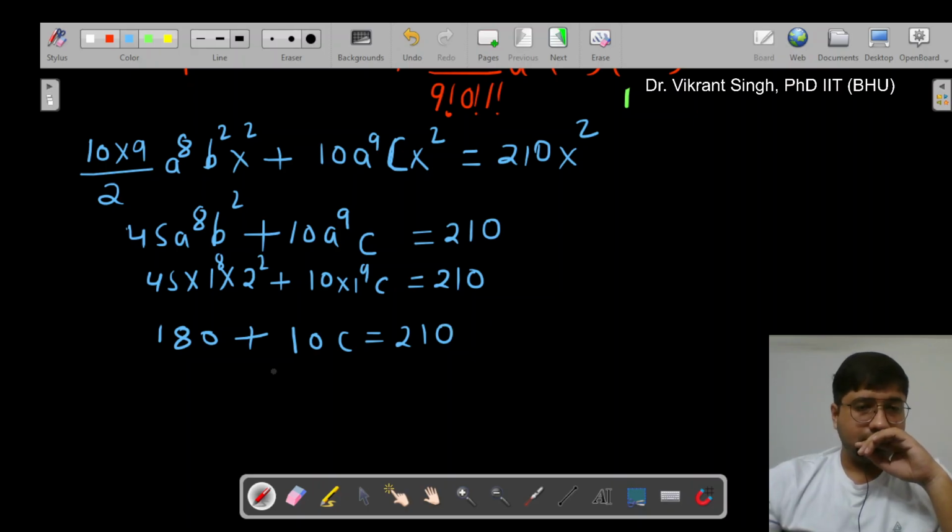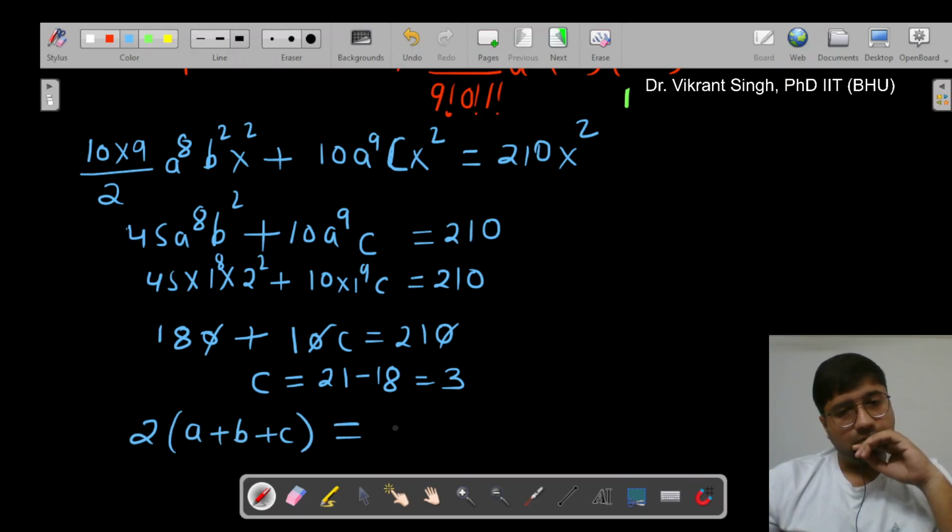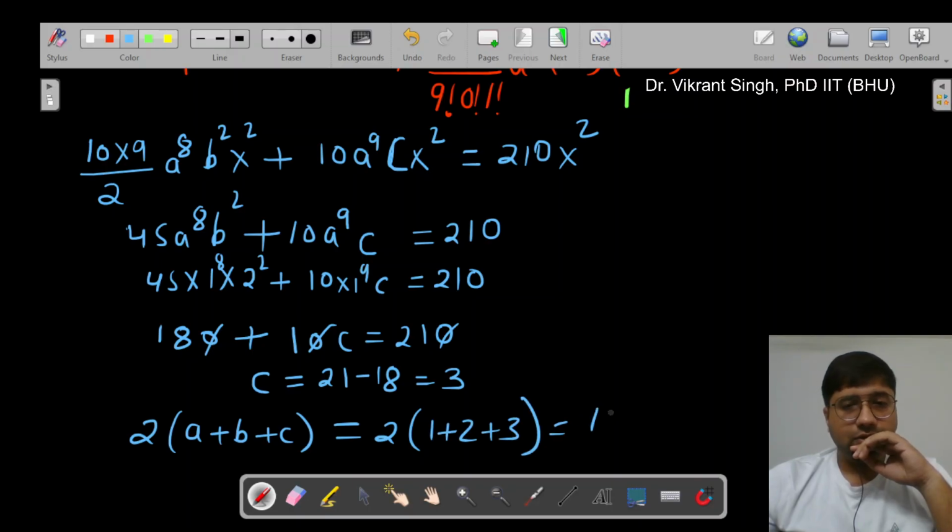So from here c is equal to 21 minus 18, right? That is 3. So the final answer for twice of a plus b plus c is equal to twice of 1 plus 2 plus 3, that is coming to be 12.